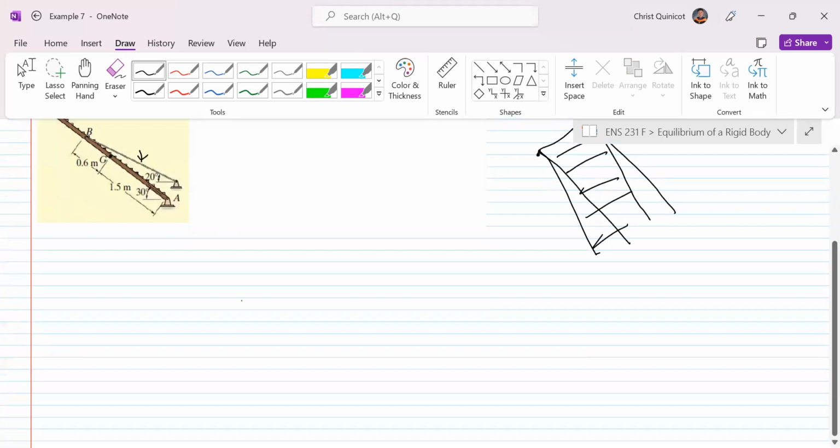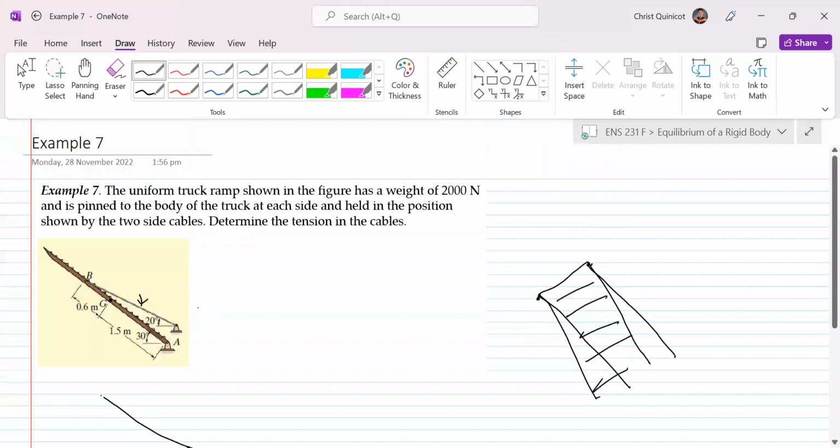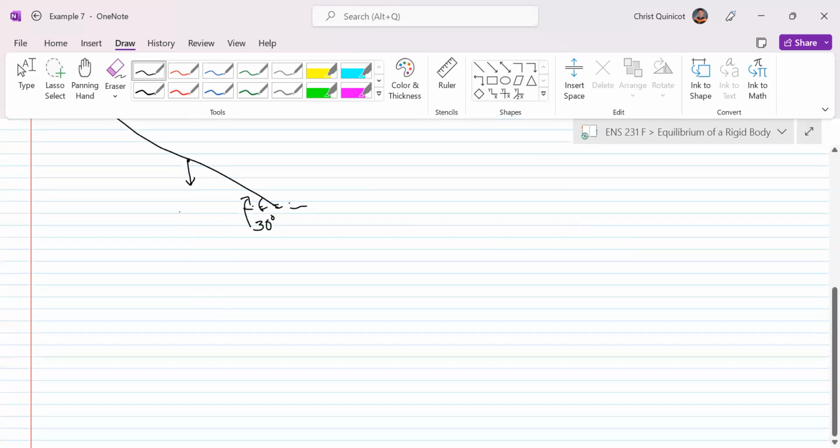So we first draw our free body diagram. Now our ramp has a measure of 30 degrees from the horizontal, and at the center is where our 2000 Newton weight is applied.